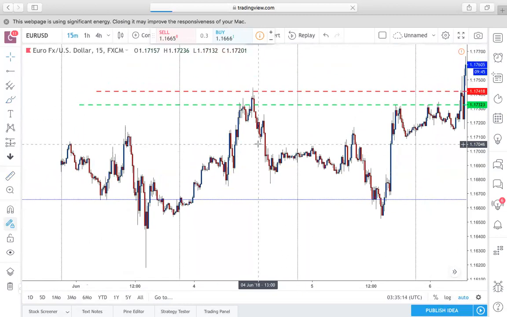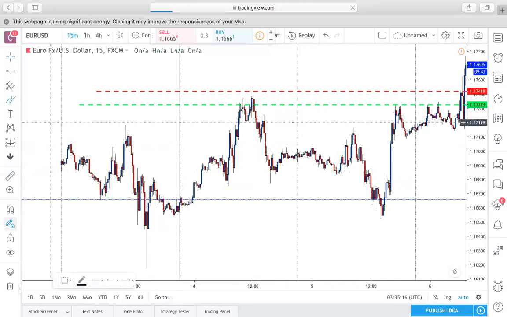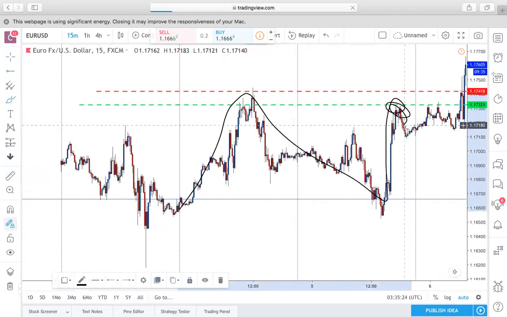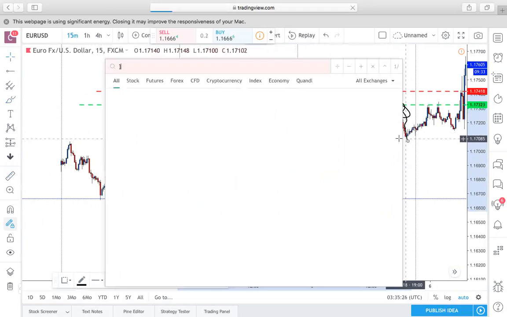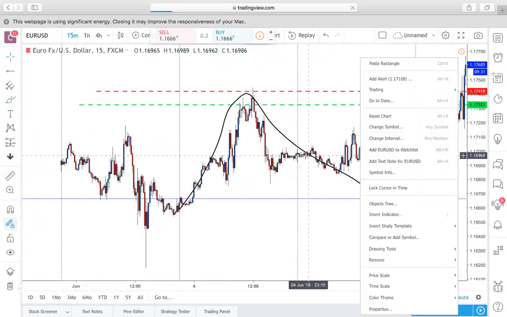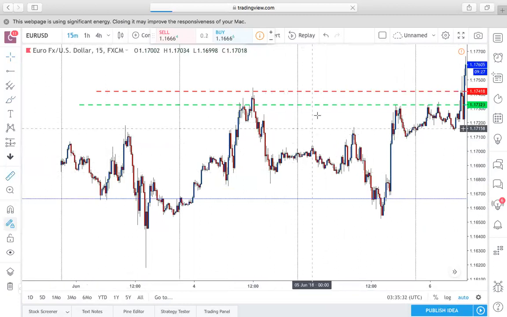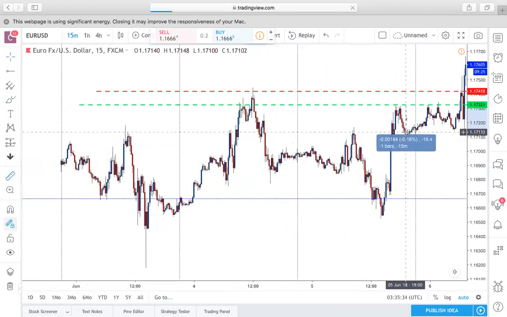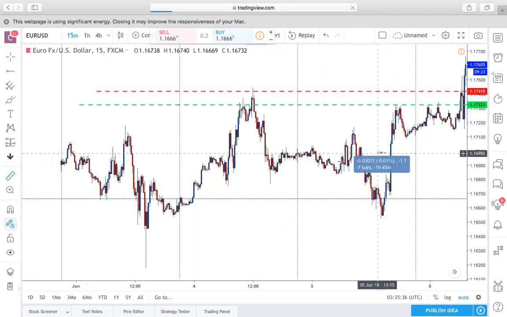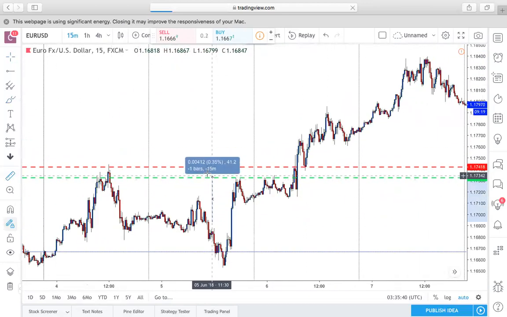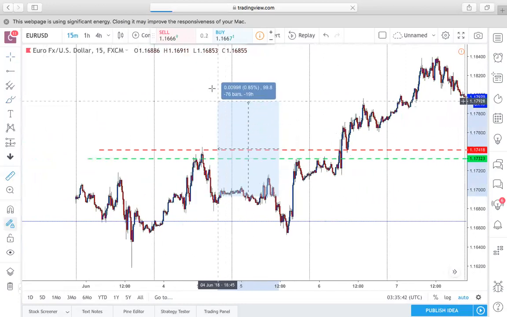This is the information that we see right here, actually. This could be another piece of information, in which the market only moved about 20 pips. And that would have been the M.